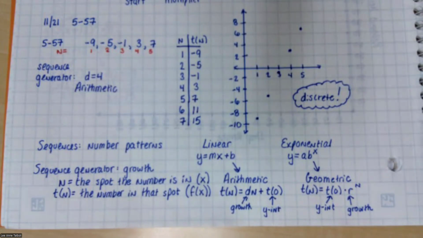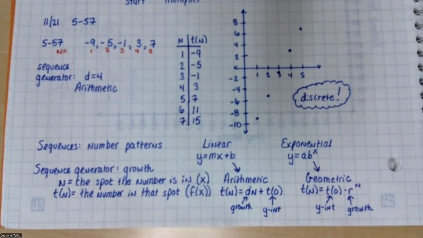How can I tell that it's arithmetic? It's a line, and you can tell it's going up by the same amount for each time in the table. So arithmetic is going to be adding or subtracting the same. Geometric is multiplying or dividing the same.